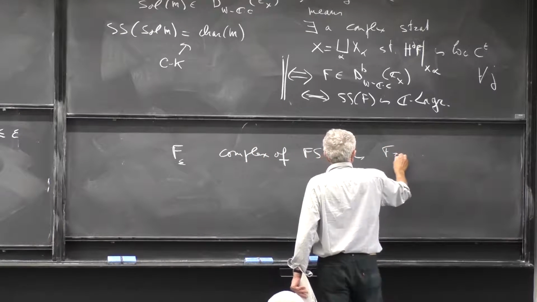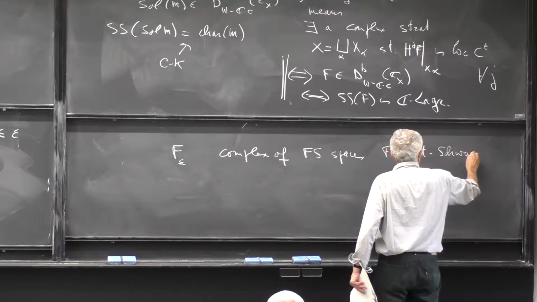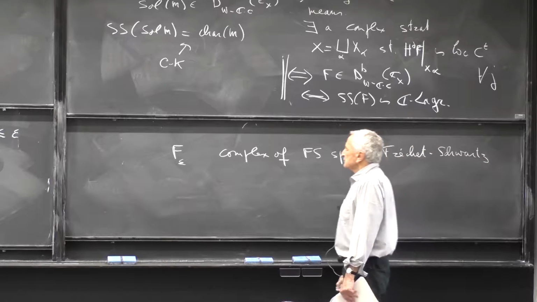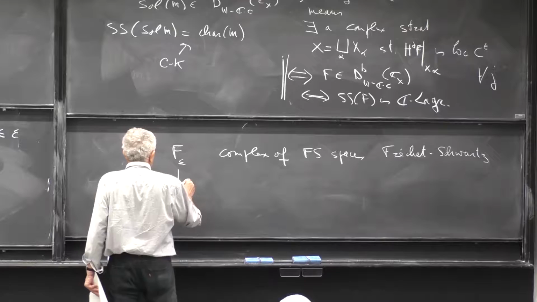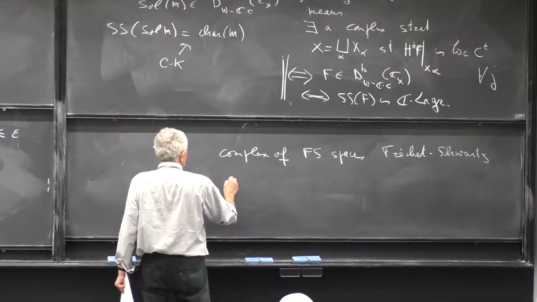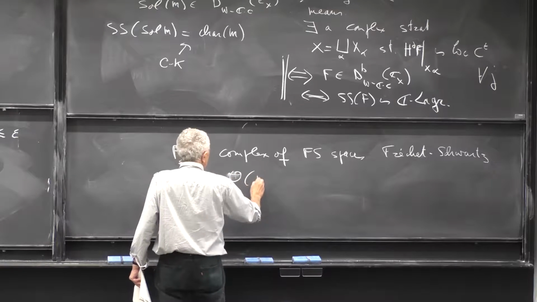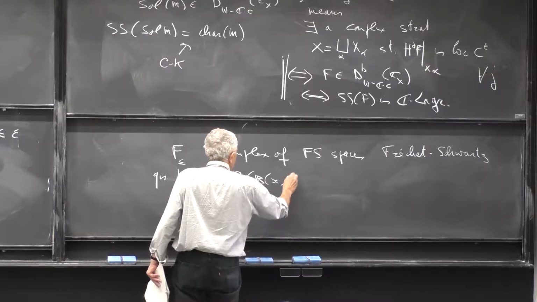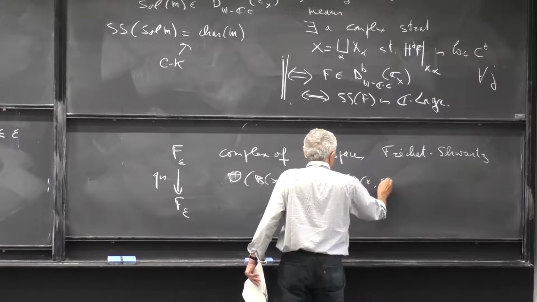FS means Fréchet-Schwartz. The maps here are both the differentials, but also the restriction, Γ of O(B_x,epsilon) to O(B_x,epsilon prime).